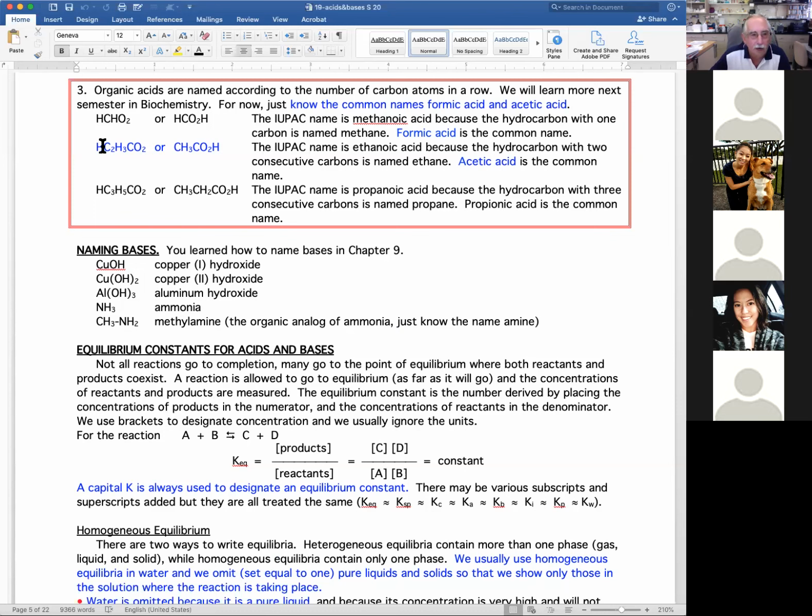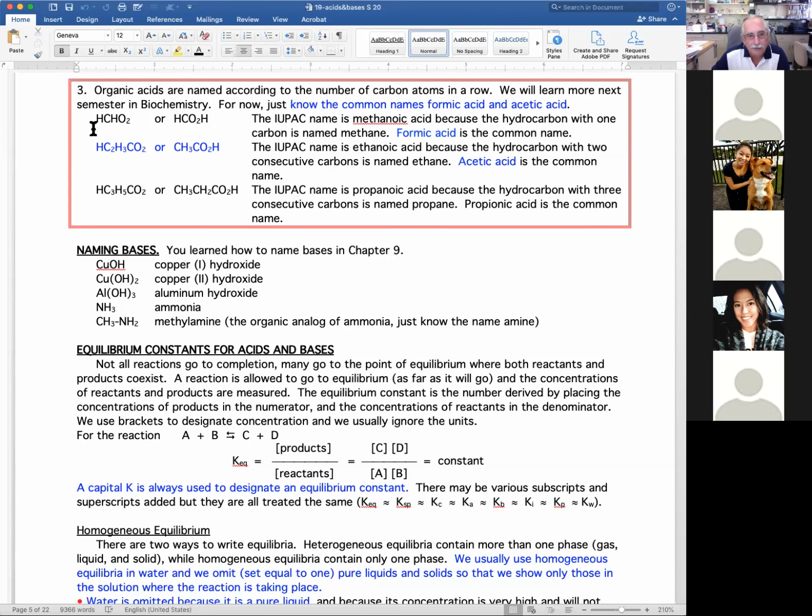If you got two carbons in a row, that would be ethane, but the acid form we call ethanoic acid. 3 in a row would be propanoic acid. 4 in a row would be butanoic acid. 10 in a row would be decanoic acid. So it's a system based upon organic naming.